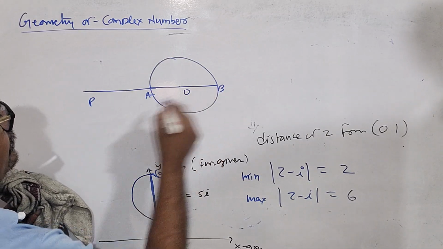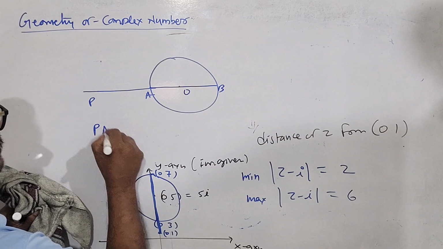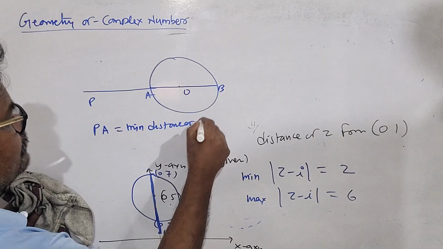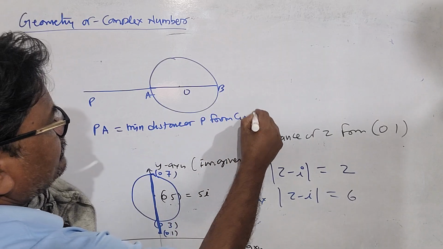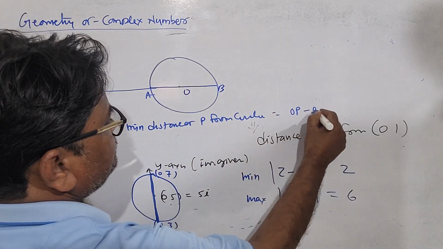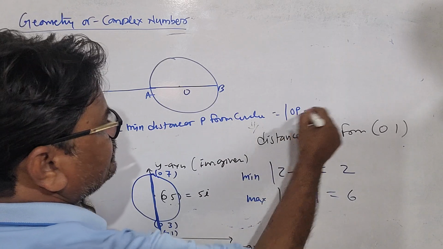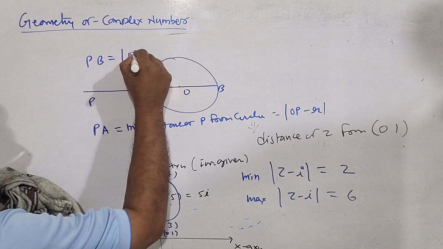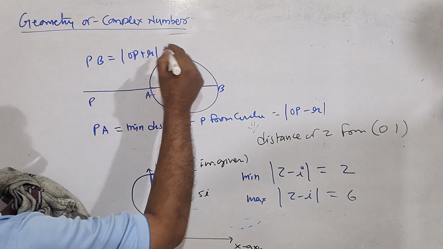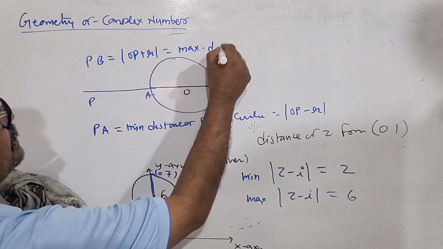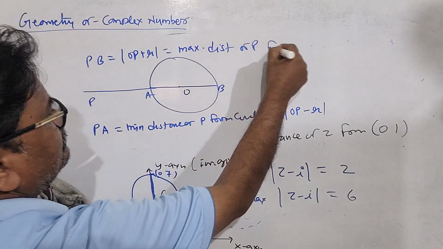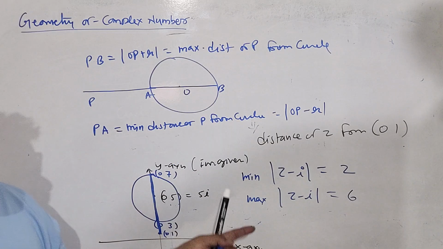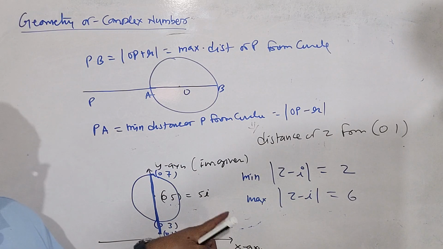This is A and B. So this PA is the minimum distance of P from the circle, and it is given by |OP - R|, and this PB is |OP + R|, and that is the maximum distance of P from the circle. So this concept we have used from coordinate geometry over here in complex algebra.